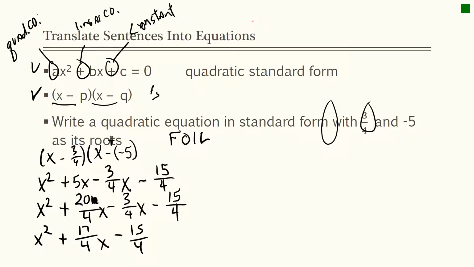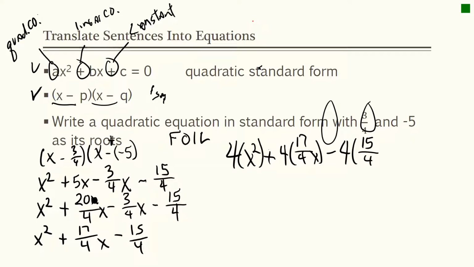I'm going to say 4 times x squared plus 4 times 17 over 4x minus 4 times 15 over 4.